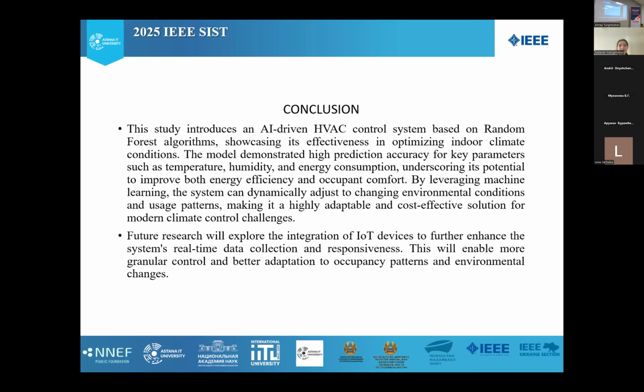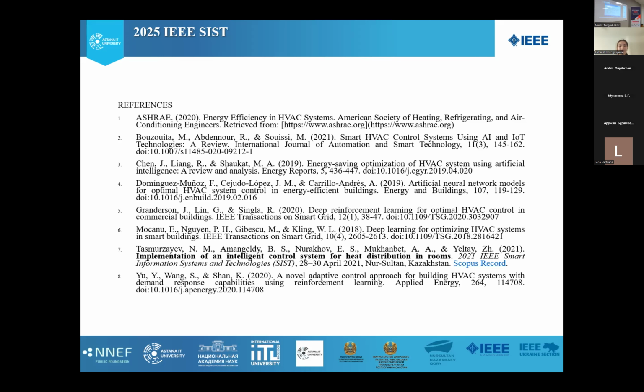Next steps include adding other sensors like CO2 or occupancy, also adding online learning so the model can self-adapt, and covering all the seasons, because I tested only a short season. So this is my reference. Thank you so much.